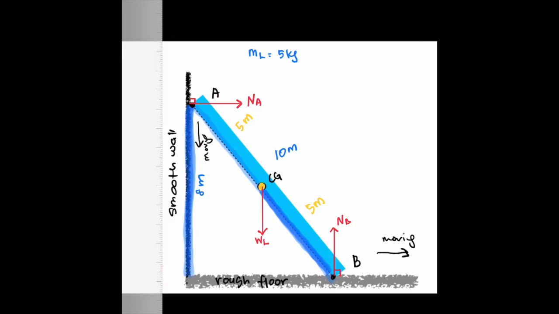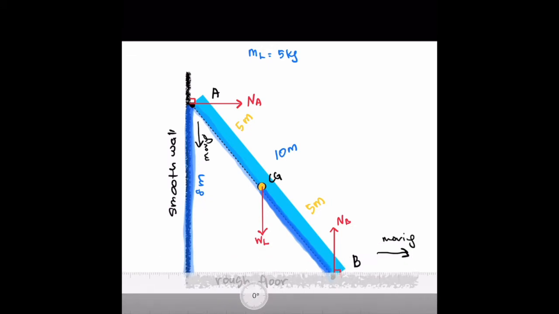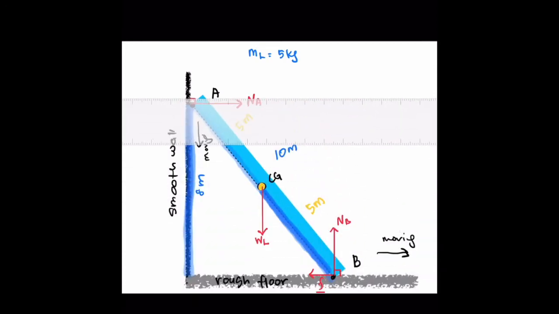When the motion is to the right at point B, the friction will oppose the motion. So friction at B has a direction opposed to the motion. This is our friction.